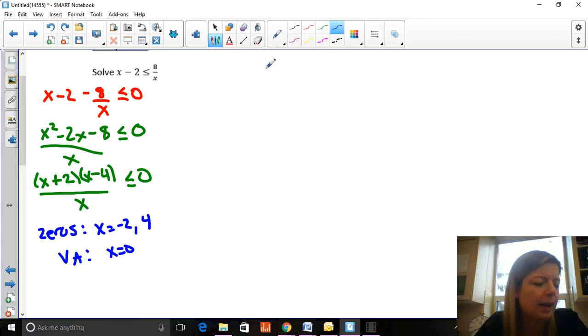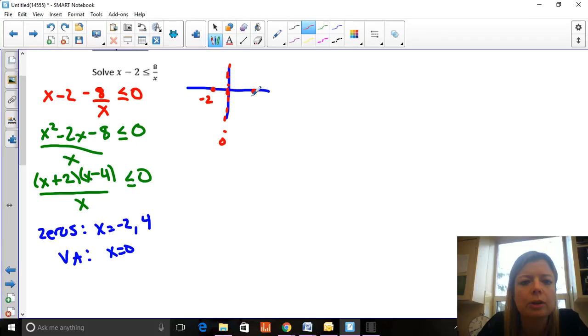So if you're a visual person like me, you might want to set up a little sketch so you can just visualize. Okay, there's my sketch. So I have a vertical asymptote here at 0, and I have an x value at -2 and at 4. Okay, so that just helps me visualize to set up the chart. I know it's weird and ugly, but it just helps me.